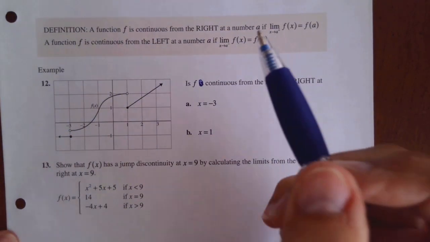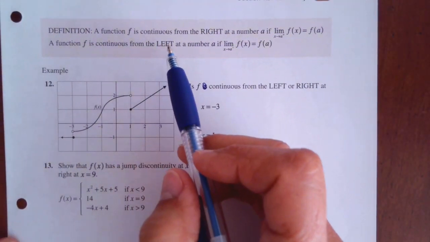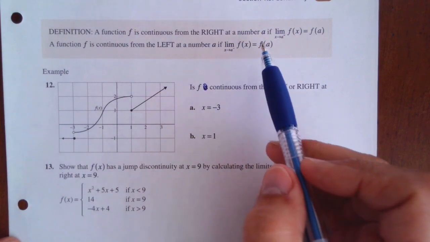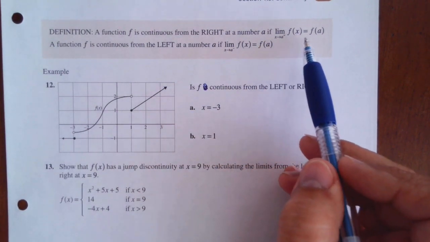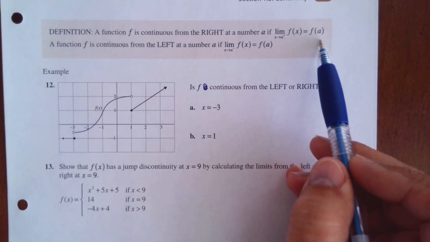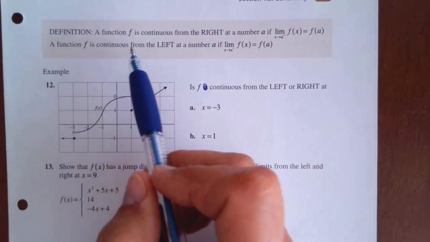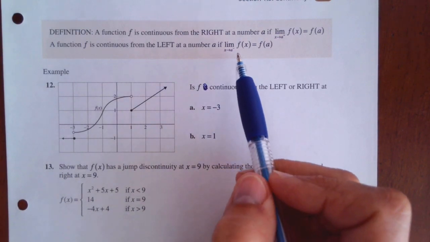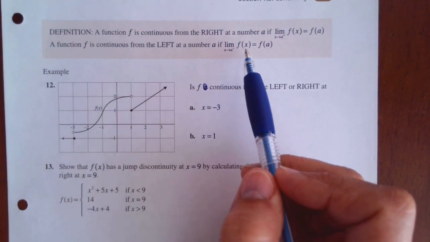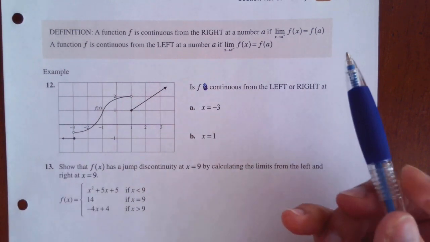This says a function f is continuous from the right at a number a if the limit as x approaches a from the right of f of x equals the function value, and a function f is continuous from the left at that number a if the limit as x approaches a from the left of f of x equals f of a.